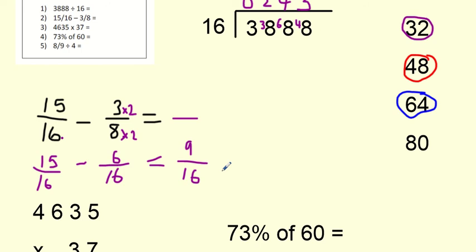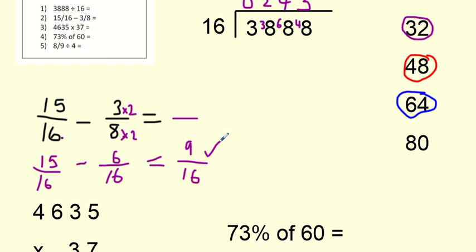No. 5, no. 6, no. 7, no. 8, no. 9, well 9 yes, but 16 isn't in the 9 times table, doesn't divide by 9. And 10, no. 11, no. 12, no. So we know this fraction is in its simplest form. So you can give it a tick if you've got that one. If you haven't, I suggest you pause the video now, Year 6, and trace back through your steps to see if you can do any editing and see where you went wrong.